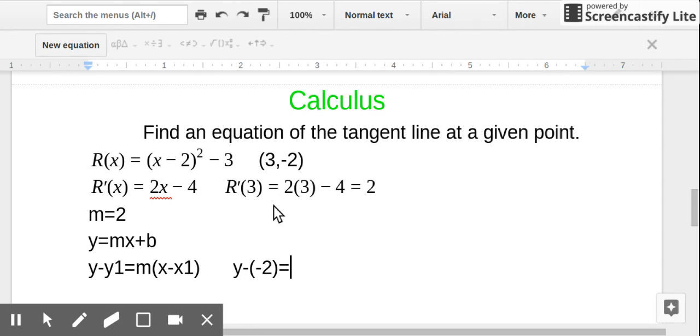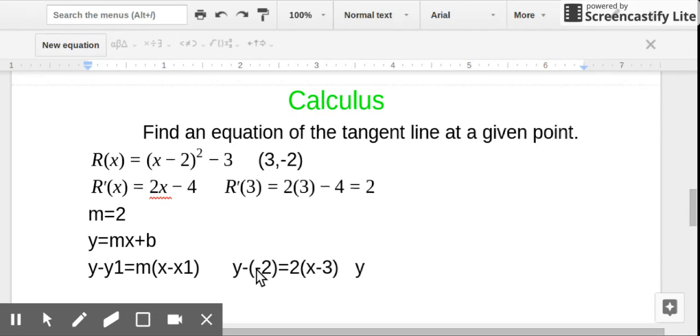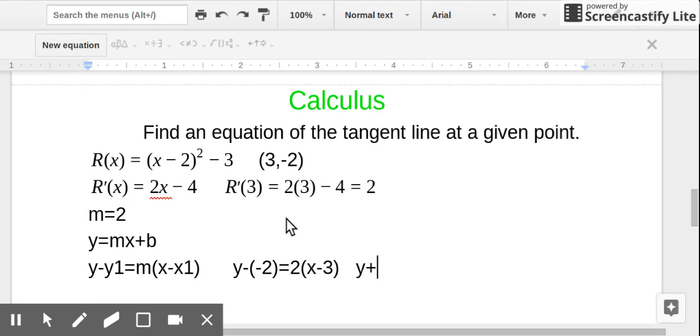Our slope is 2. We have x minus 3. Now we want to simplify this down and solve for y. We've got a minus and a negative, so that makes a positive 3.